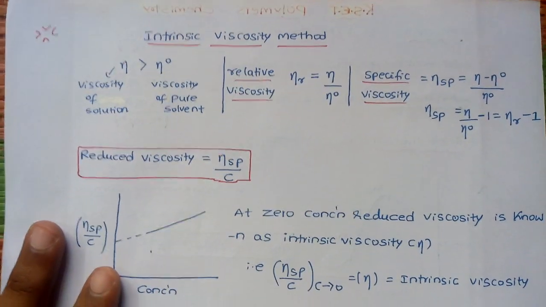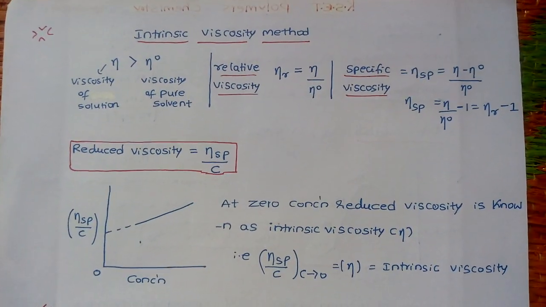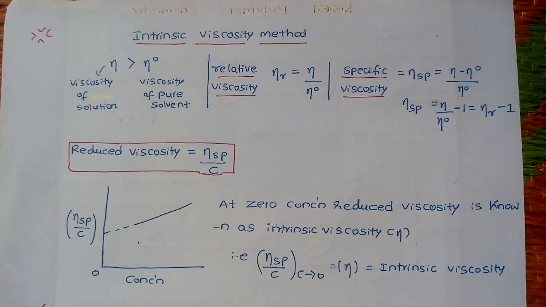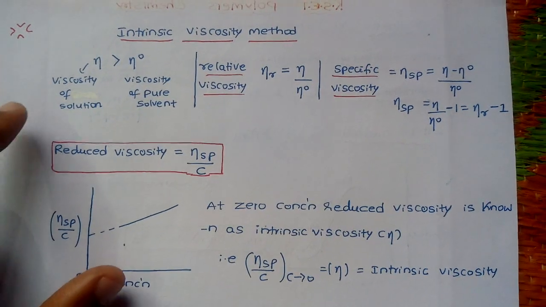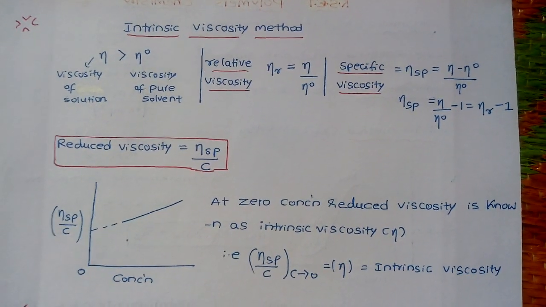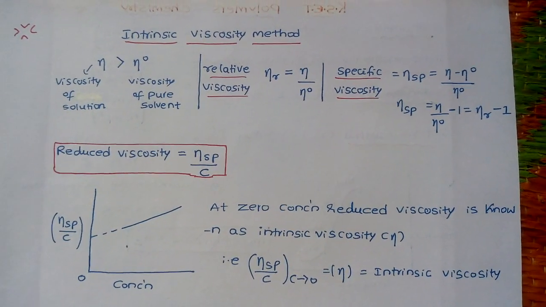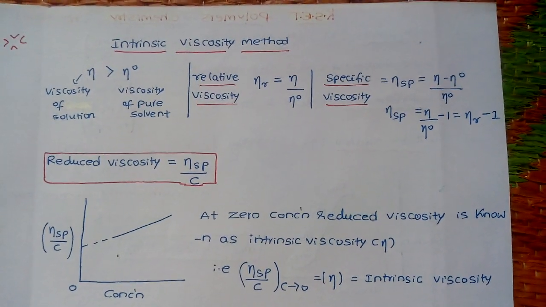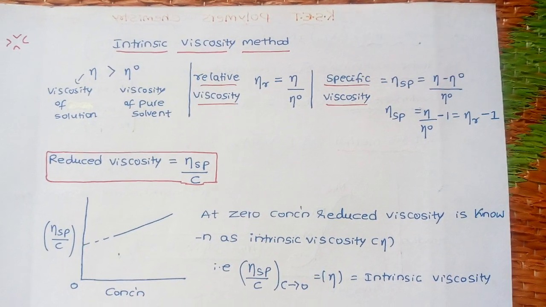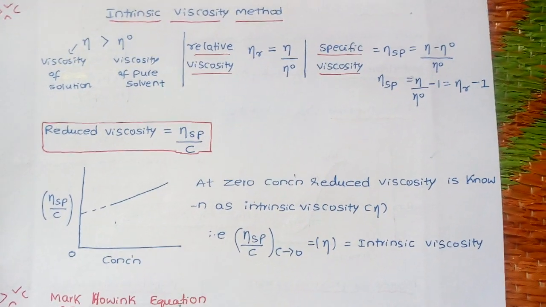Next is the intrinsic viscosity method. One thing you have to remember: the viscosity of a solution is always greater than the viscosity of a pure solvent. Relative viscosity is the ratio of viscosity of a solution to that of the pure solvent.